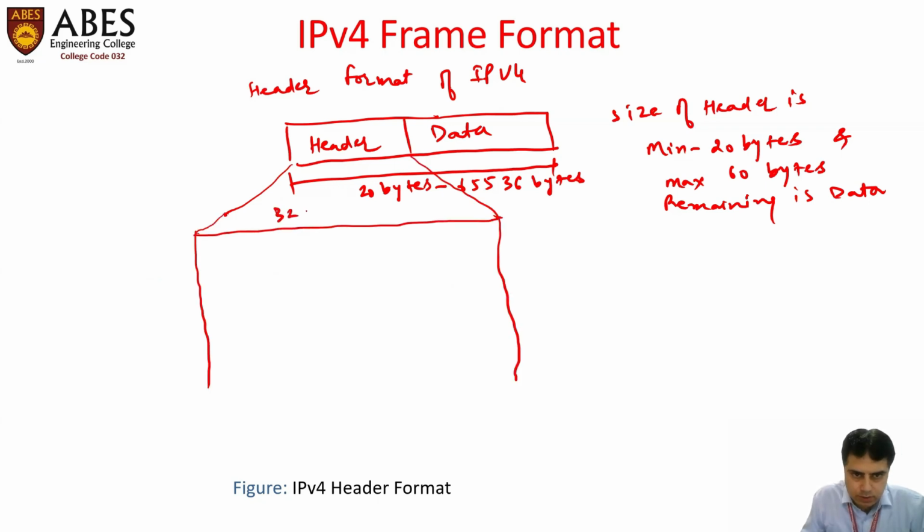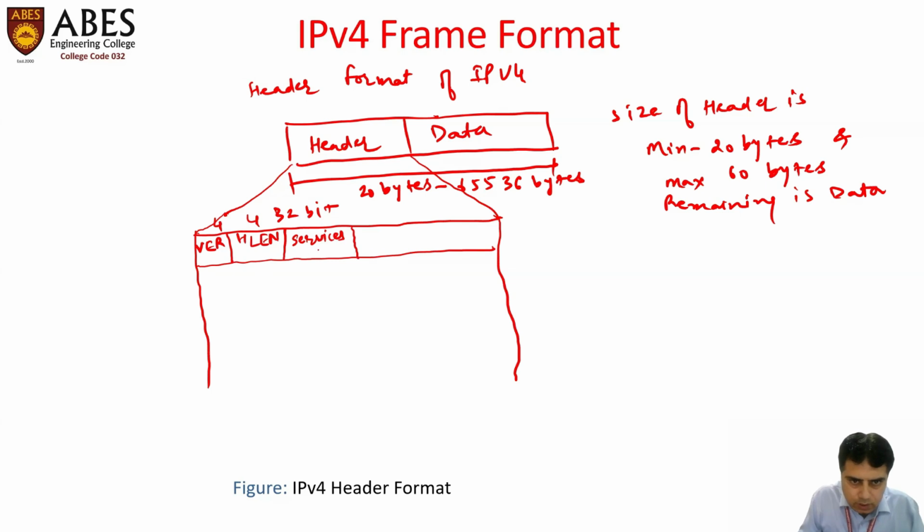This is of 32 bits. The first field is version. This is a 4-bit field. Next is header length. This is also a 4-bit field. Now the type of services. This is an 8-bit field.